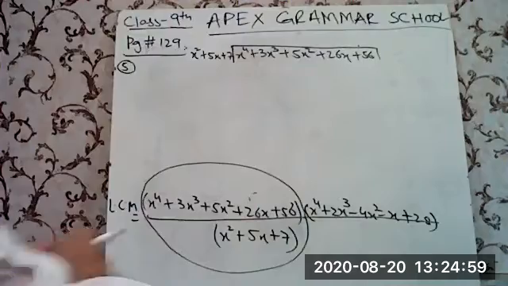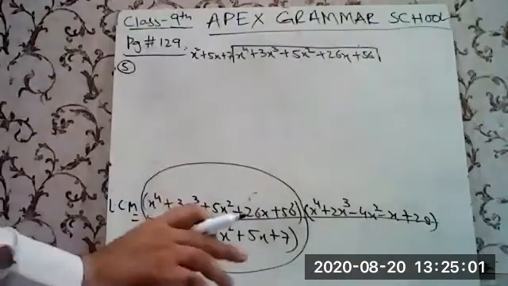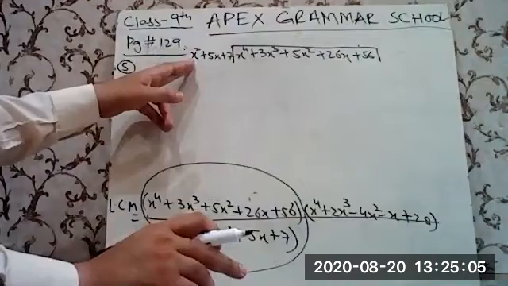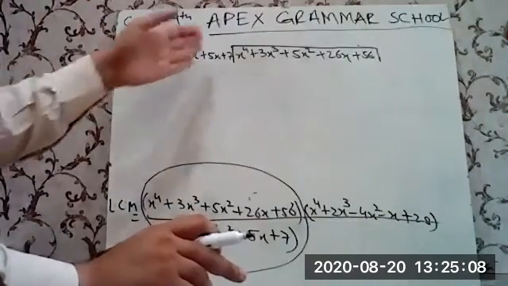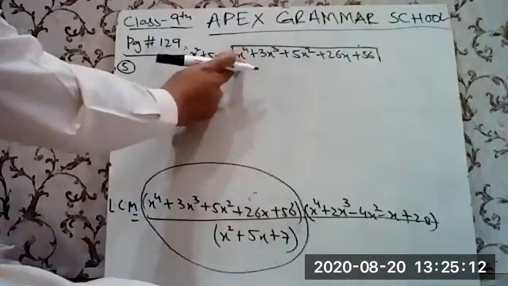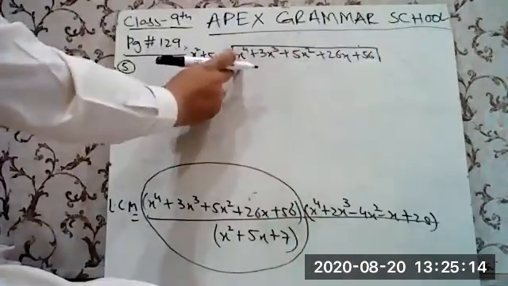Okay, now we have the divisor and we need to find the number through which we can operate this divisor. x raised to the power 4 divided by the very first term of the divisor.